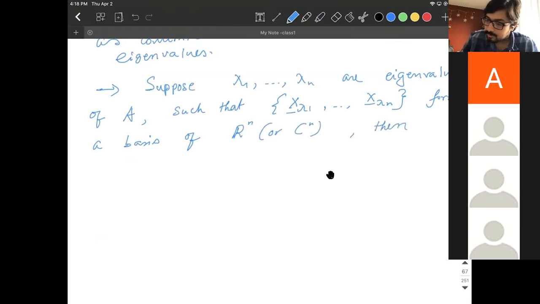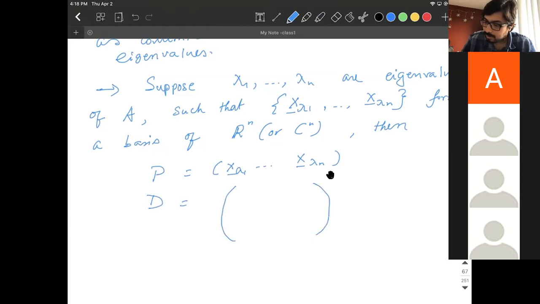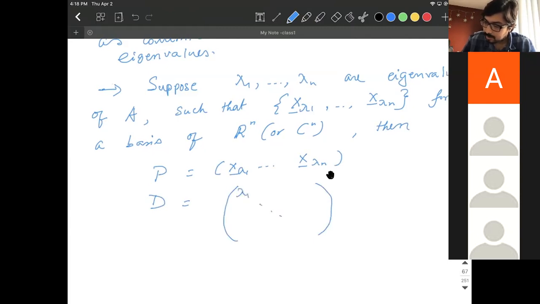Then P consists of this x lambda 1 up to x lambda n, and D consists of these eigenvalues. So you have lambda 1 up to lambda n and zeros elsewhere.